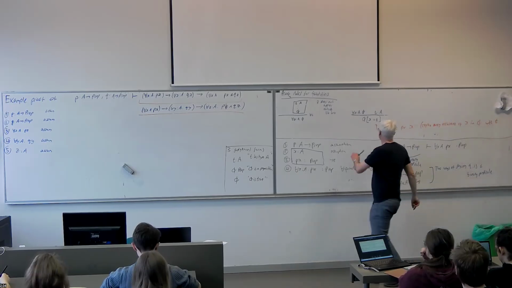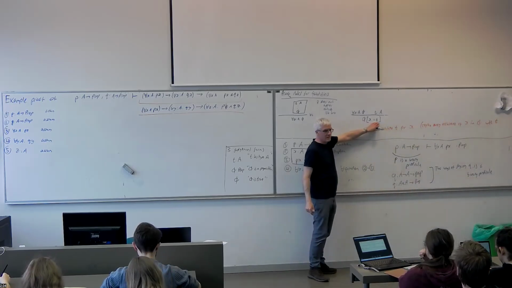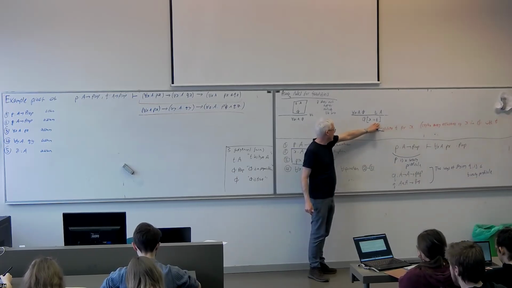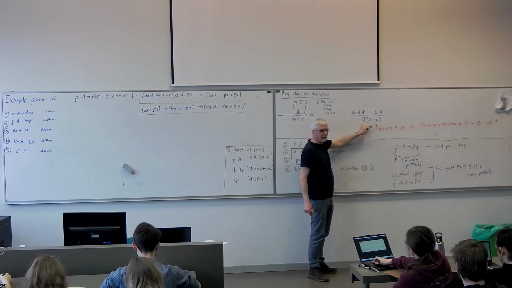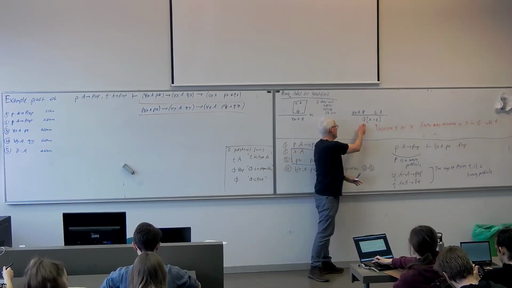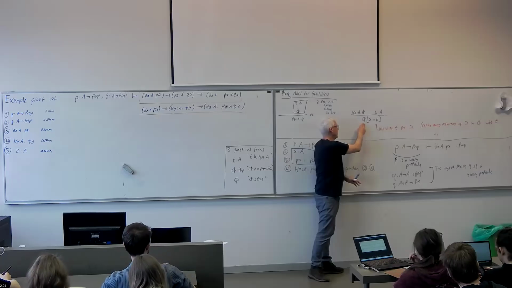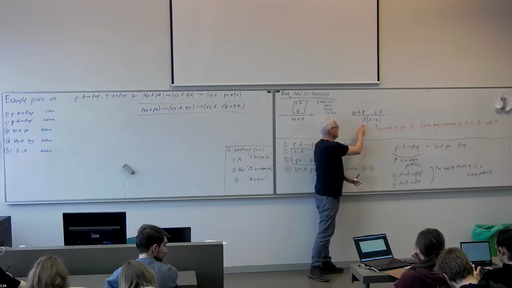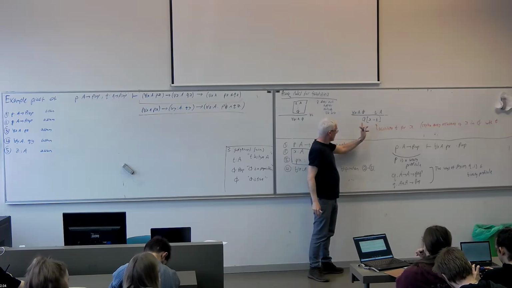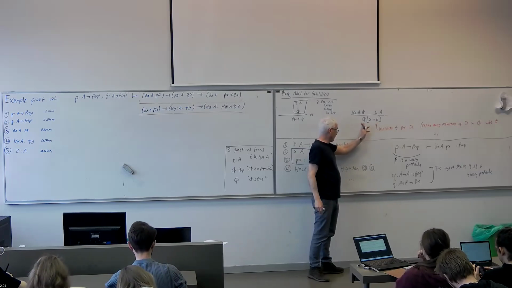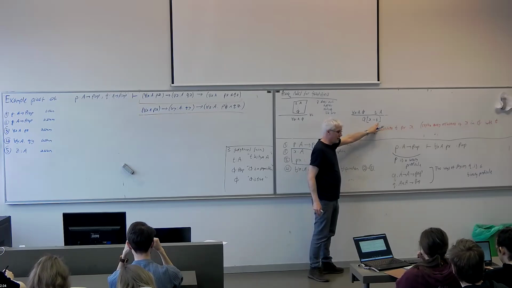But in doing so, you have to be careful if t contains some free variables that are bound in phi. So you rename the bound variables in phi if you need to, to avoid any bound variables in phi coinciding with free variables in t.